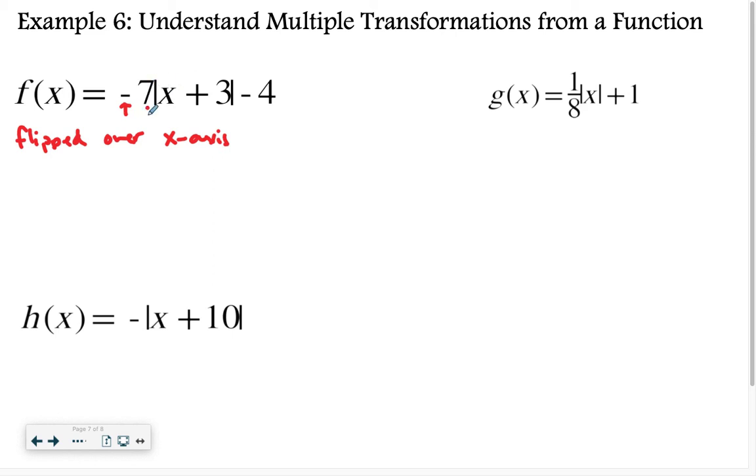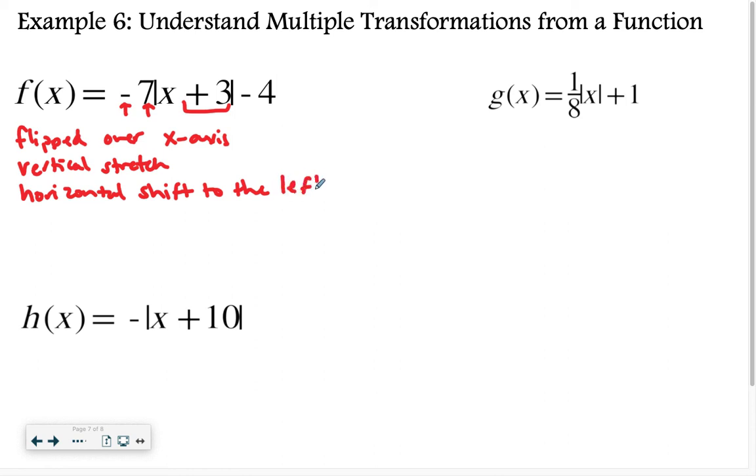And then this 7 is a number that's greater than 1, so it's going to be a vertical stretch. And then I have a plus 3, which tells me horizontal shift to the left. Remember, when it's plus for a horizontal shift, that's actually to the left. And then this minus 4 tells me vertical shift down 4 units.